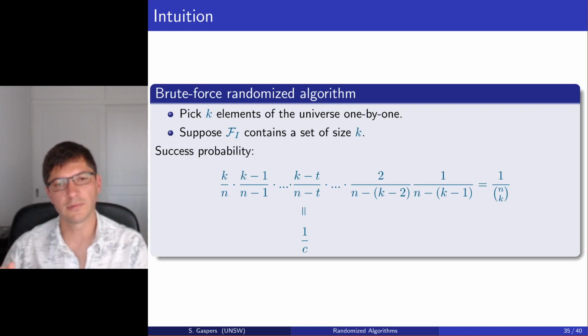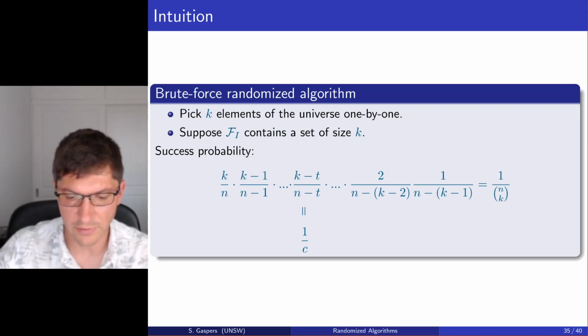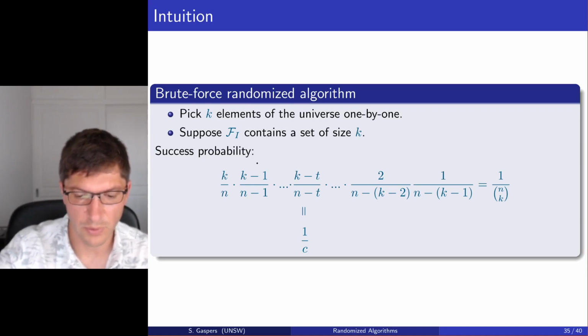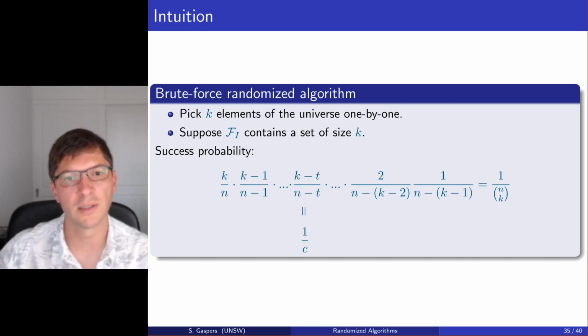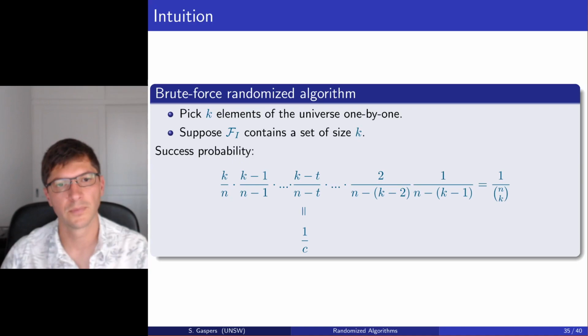But then once we have chosen the first vertex, the probabilities keep decreasing, right? So for the second vertex, we have k minus 1 valid choices among n minus 1 possible choices. And then we have k minus 2 valid choices among n minus 2 possible choices.